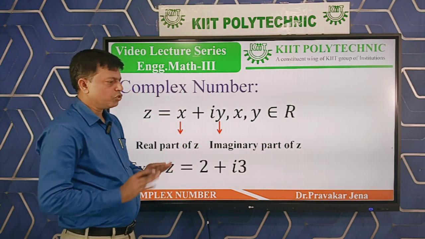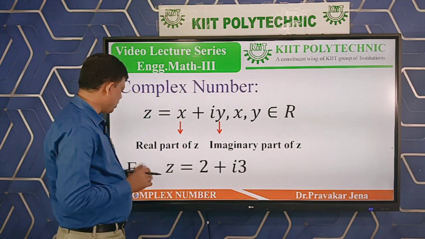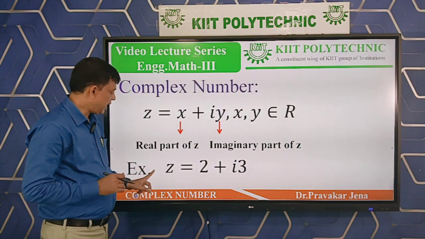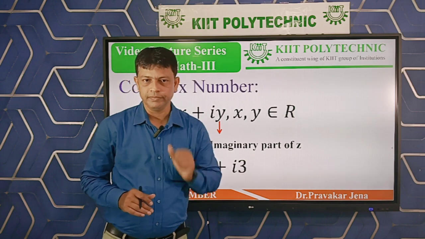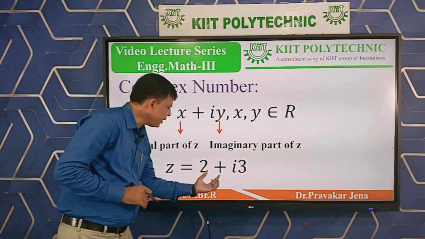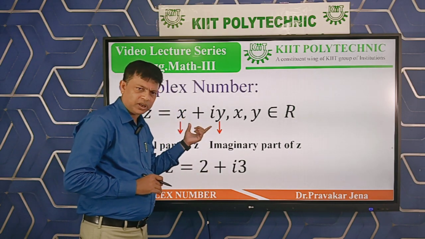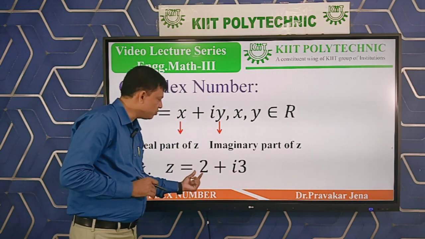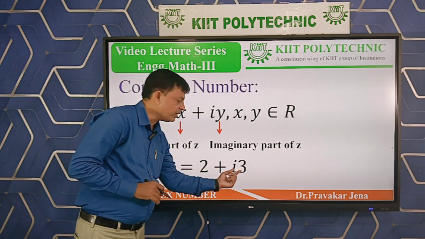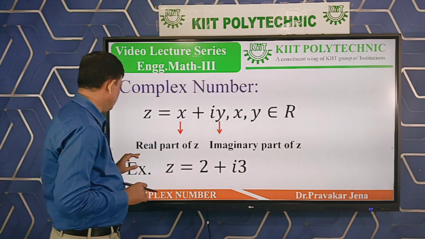So in every complex number, I have taken one example, z equal to 2 plus i3. If we compare this 2 plus i3 with x plus iy, then 2 equals x and y equals 3. That is very simple.